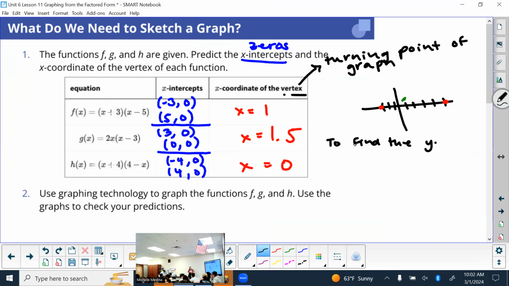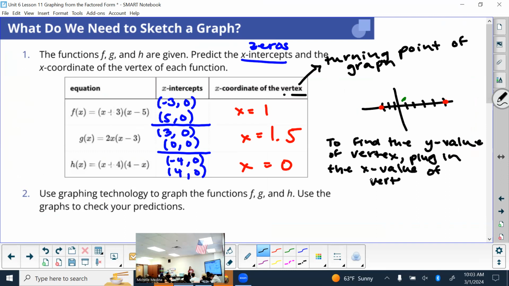To find the y value of vertex, plug in the x value of vertex. So if you have to identify the vertex from your factor form, that's what you'll do. You'll use your x-intercepts to estimate the x, plug it in, and then solve for y.